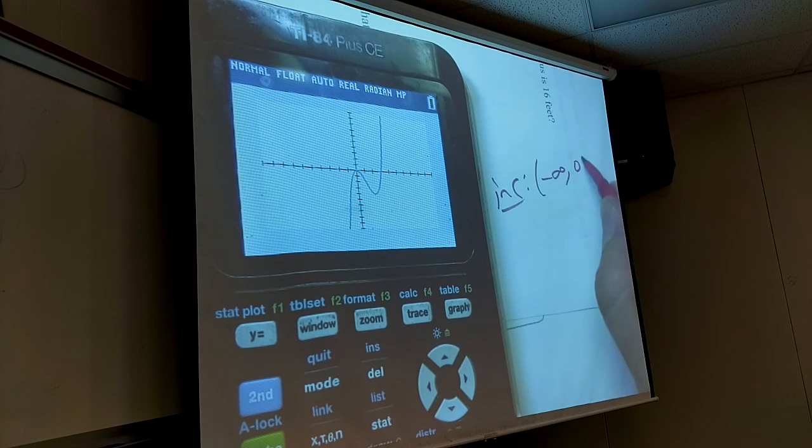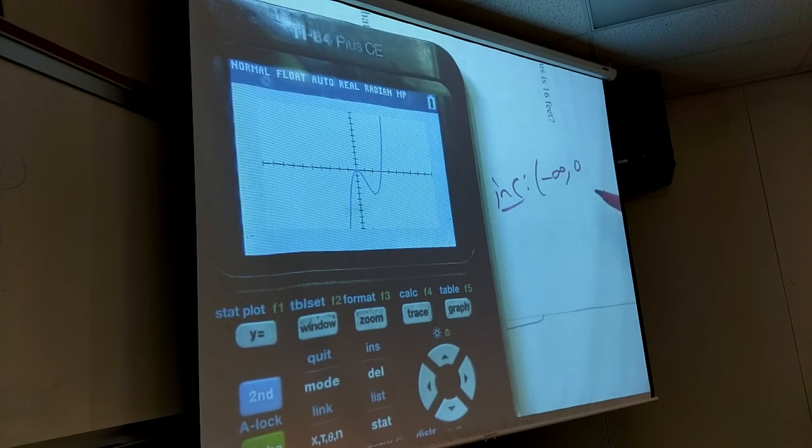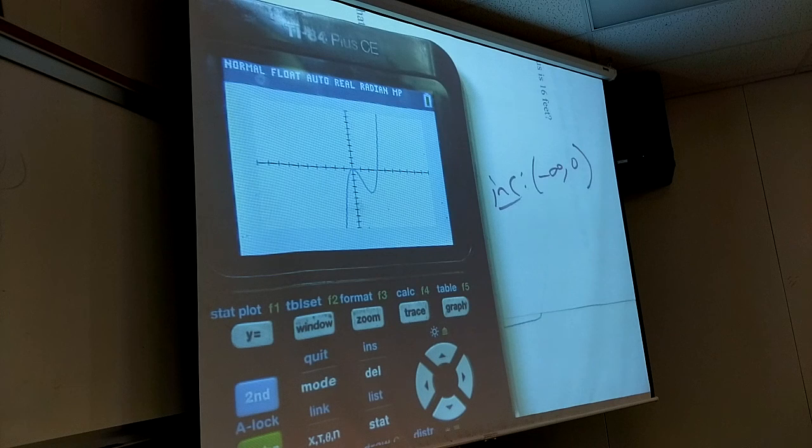Negative infinity to 0. Do I include 0? This is an interesting question. I think the book does, and they are wrong. What's happening at 0? Is it going up, going down? It's flat at 0. So, of course, I'm not going to include turning points or even resting points in my answer for increasing, decreasing, because it's not doing either one at that point.